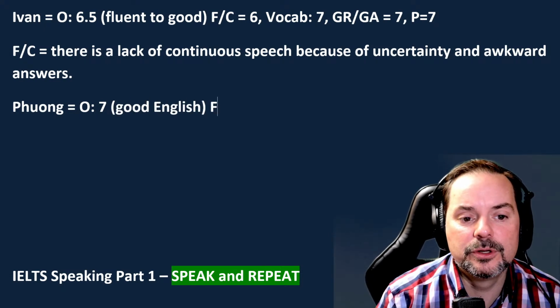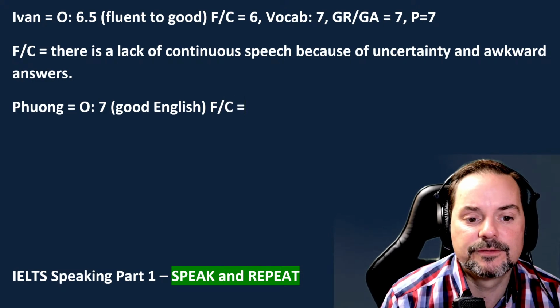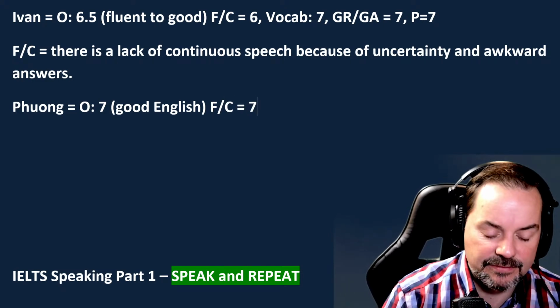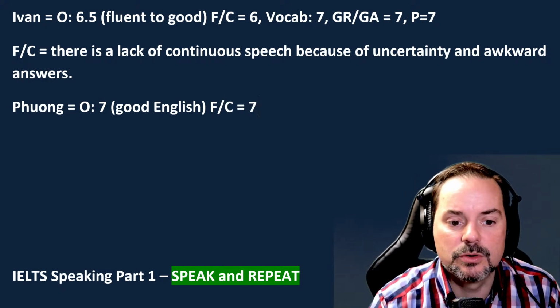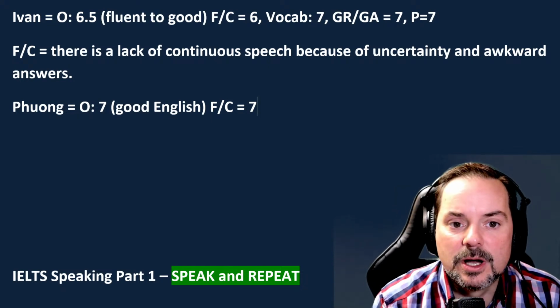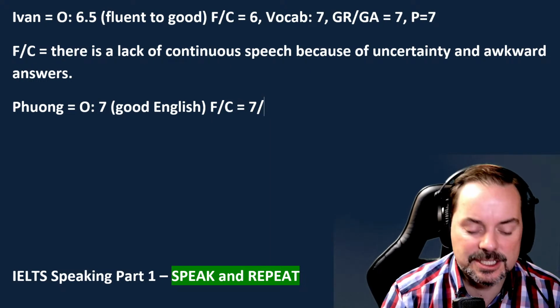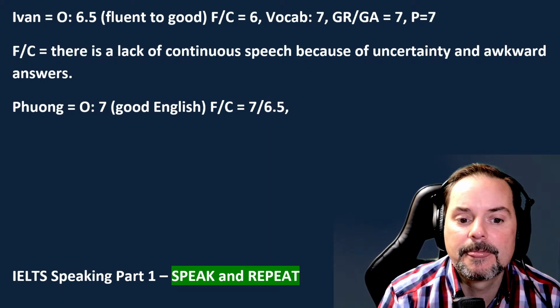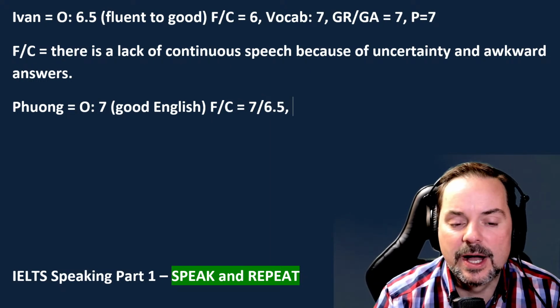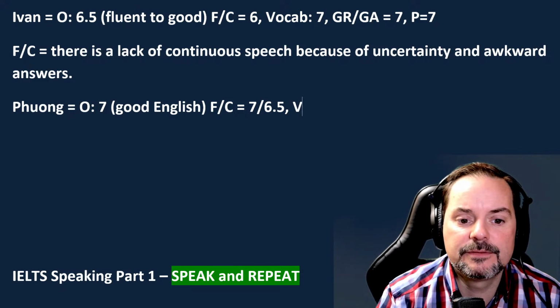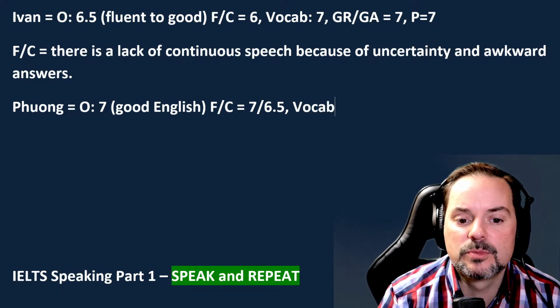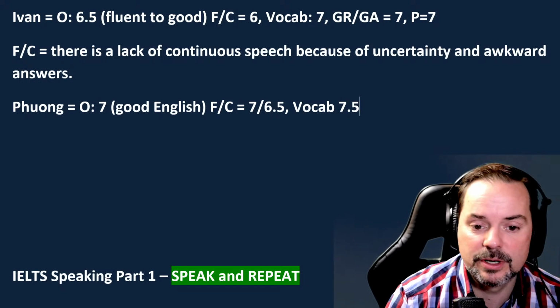Your fluency and coherence. Your fluency is definitely a 7. You were speaking quite continuously without taking too many pauses to think of what you're saying. Your coherence was closer to a 6.5. Okay. And I'll explain why in a second. Your vocabulary was more of about a 7.5.